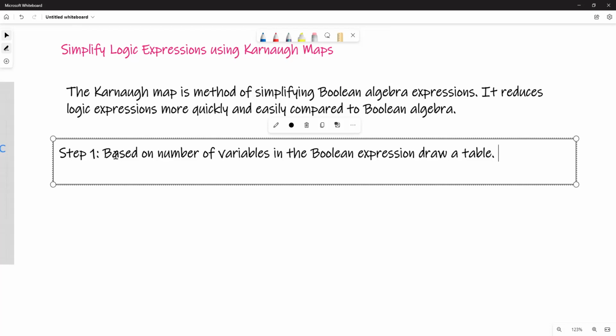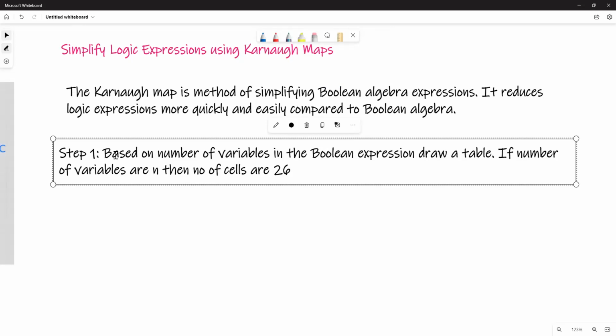If the number of variables is n, then the number of cells should be 2 to the power n.